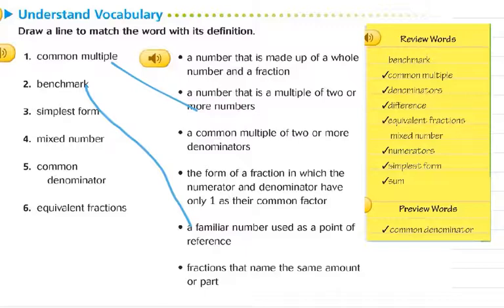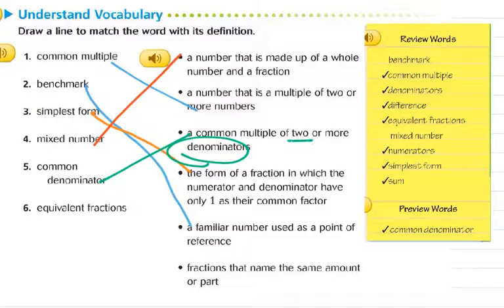Simplest form, boys and girls, is the form of the fraction in which the numerator and the denominator have only one as their common factor. Number 4, mixed number, is a number that is made up of a whole number and a fraction.